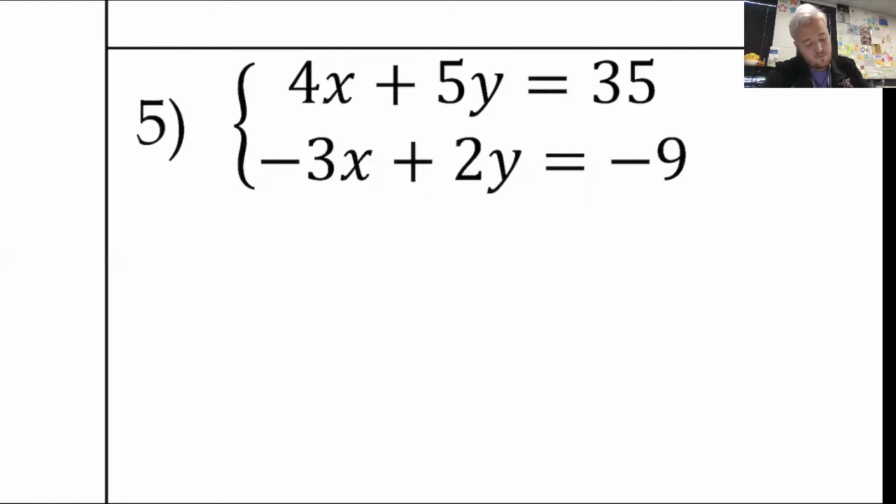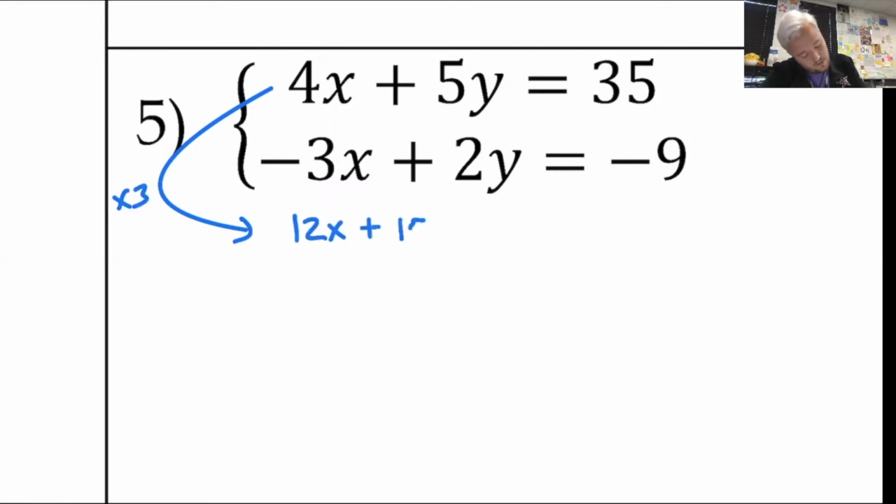All right, so what I'm going to do, top equation, I'm going to multiply it by 3. So when I multiply by 3, that's going to give me 12x plus 15y equals 105.